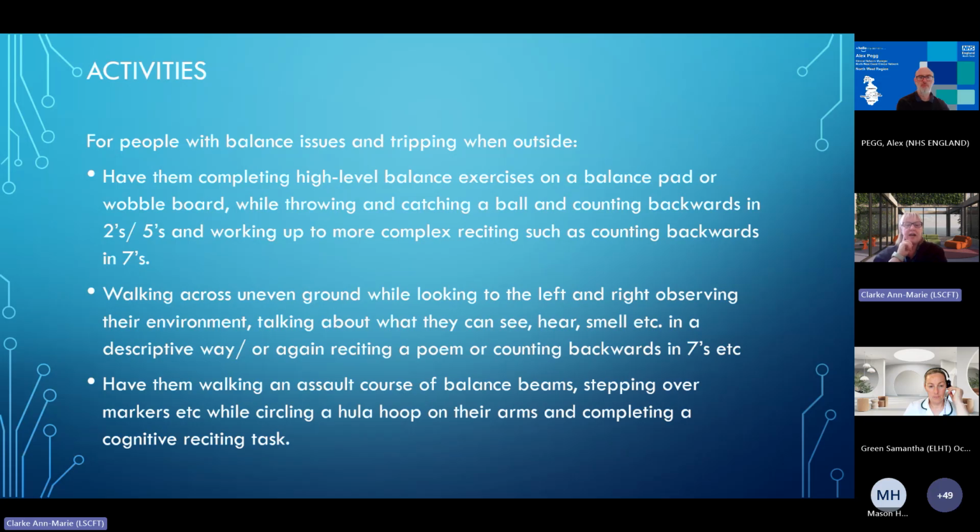Walking across uneven ground while looking to the left and right, observing their environment. Talking about what they can see, hear and smell in a descriptive way, or again reciting a poem or counting backwards in 7s. Have them walking an assault course of balance beams, stepping over markers while circling a hula hoop on their arms and completing cognitive reciting tasks.